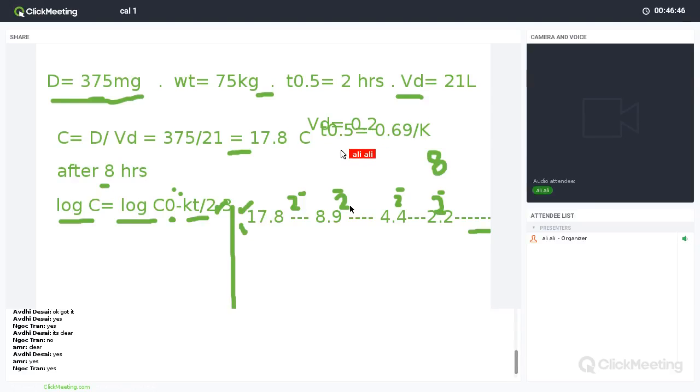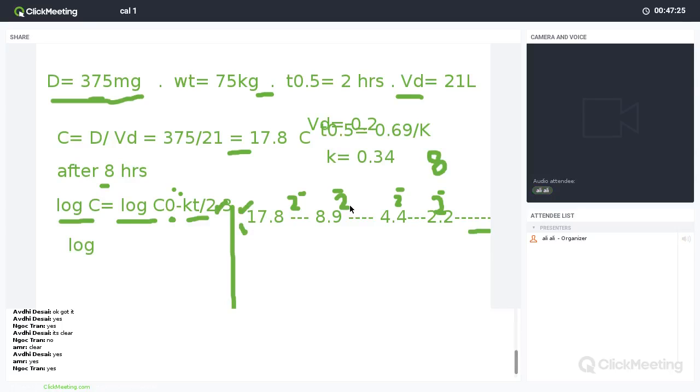So to determine the value of K, it will equal 0.69 divided by 2, which gives 0.34. This is the concentration needed, so we will not do anything here.